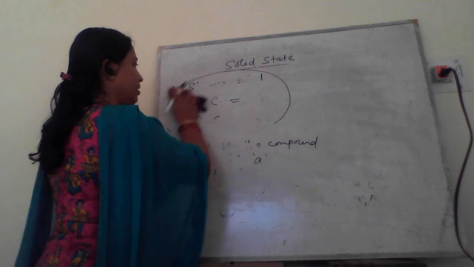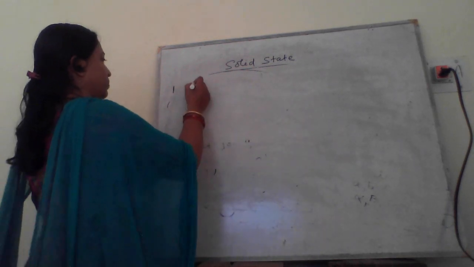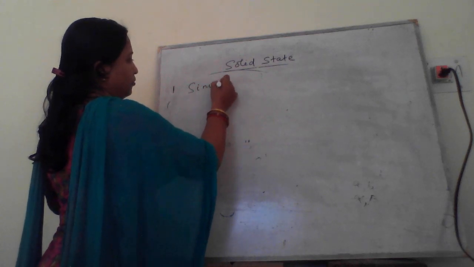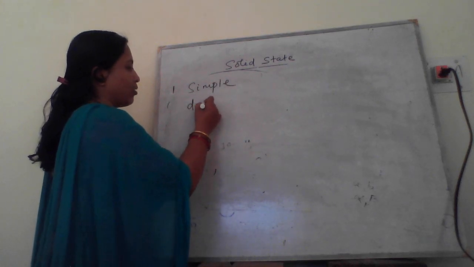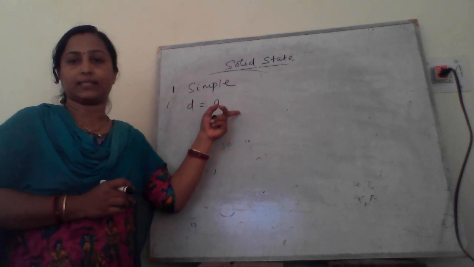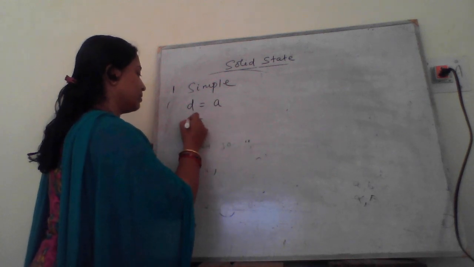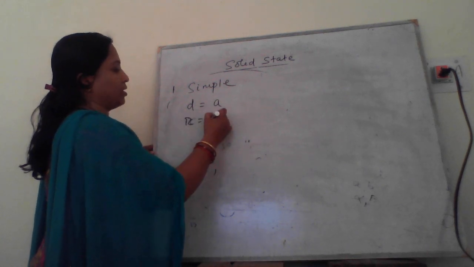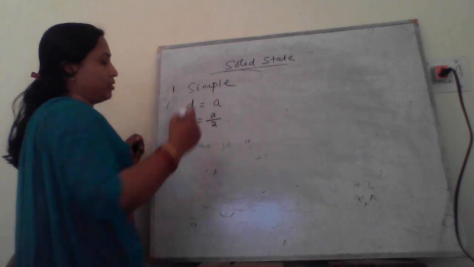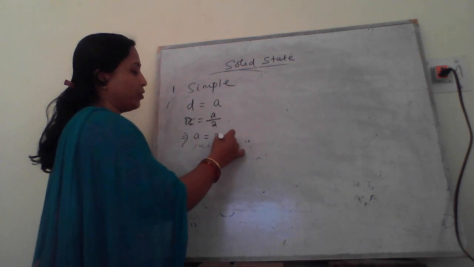For simple, we know d is equal to a, that is the nearest neighbor distance is equal to the edge length, and r is equal to a by 2, which means a is equal to 2r.